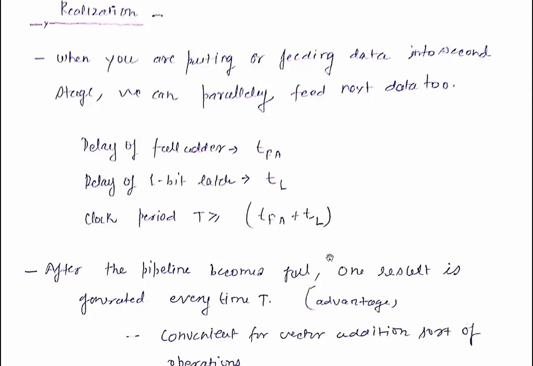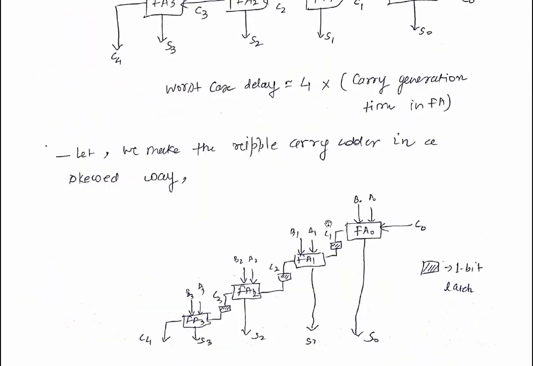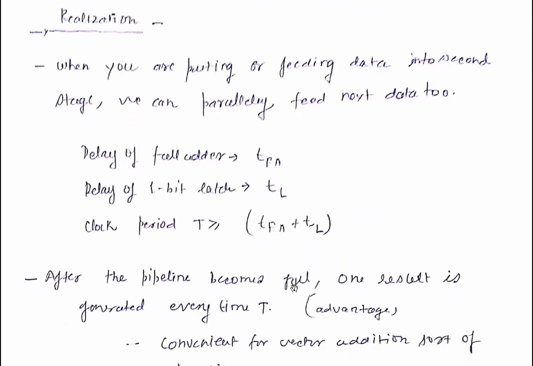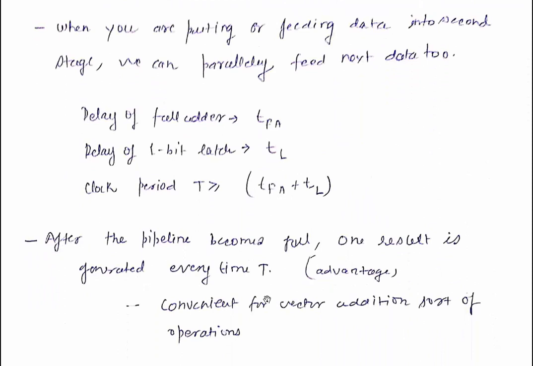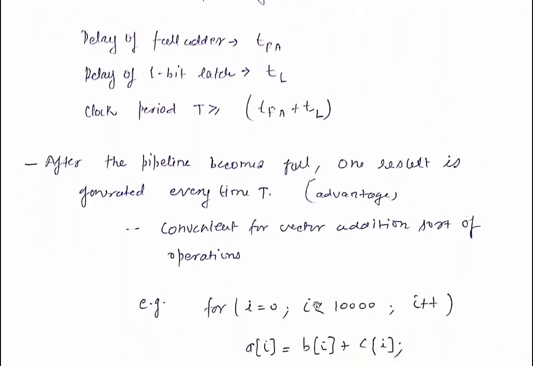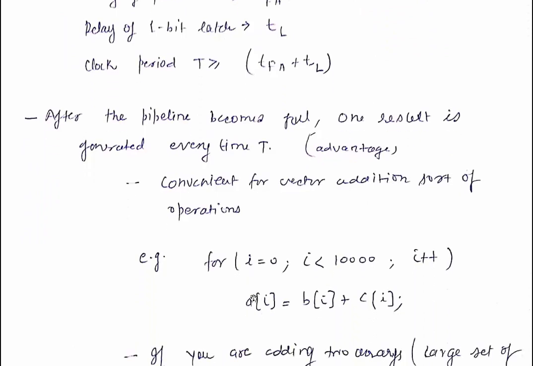This scenario, the ripple carry adder in a skewed way, would be very useful and convenient for vector addition sort of operations. Vector addition means, let's say you have a loop: for I equal to 0, I less than 10,000, I plus plus, AI is equal to BI plus CI.